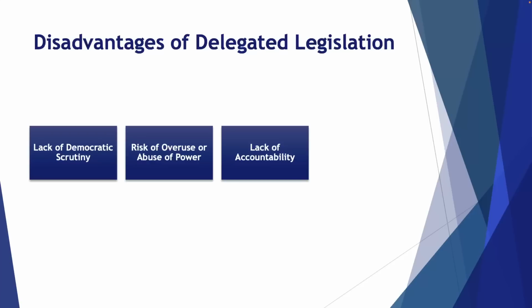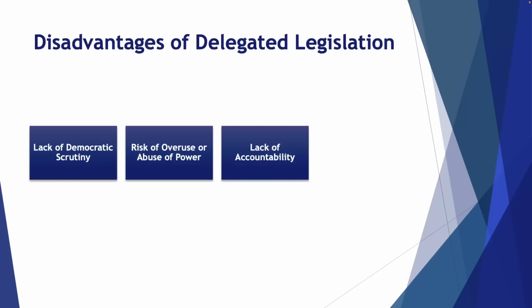Similar to the first point, delegated legislation is often made by government ministers or regulatory bodies, which may not be directly accountable to Parliament for the specific content of these regulations. And so while Parliament does provide oversight and control over these different pieces of delegated legislation, and while ministers are responsible to Parliament, delegated legislation can sometimes lead to a disconnection between public responsibility, political responsibility, and the detailed rules that are actually enacted.